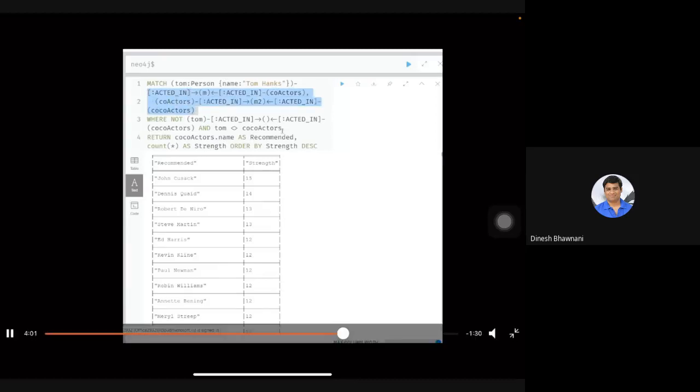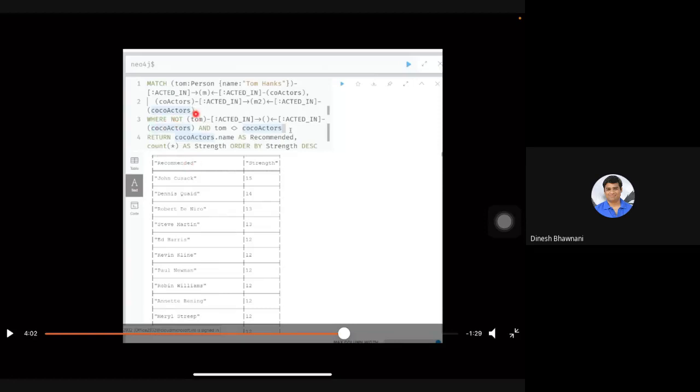We have talked about strength. Here you can see this is count as strength, order by strength, and you say descending. So whatever you have written as strength, it will come here. Then the co-actor's name as recommended, so it will come as recommended.